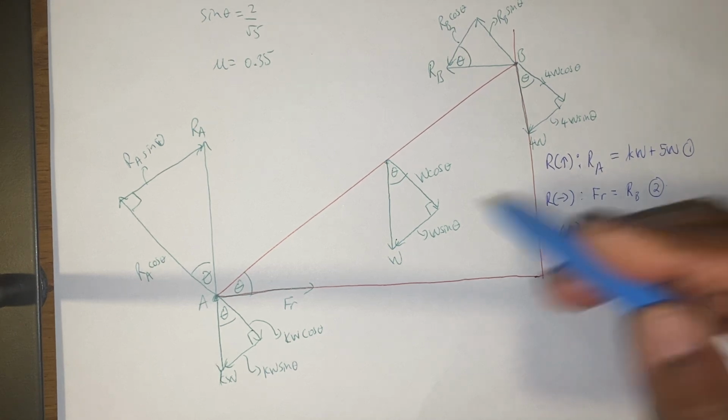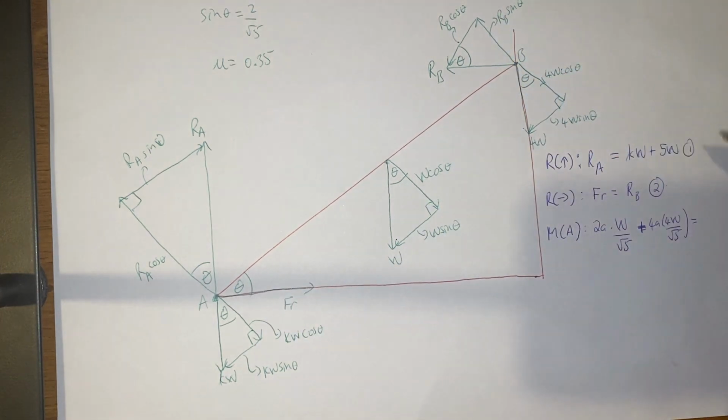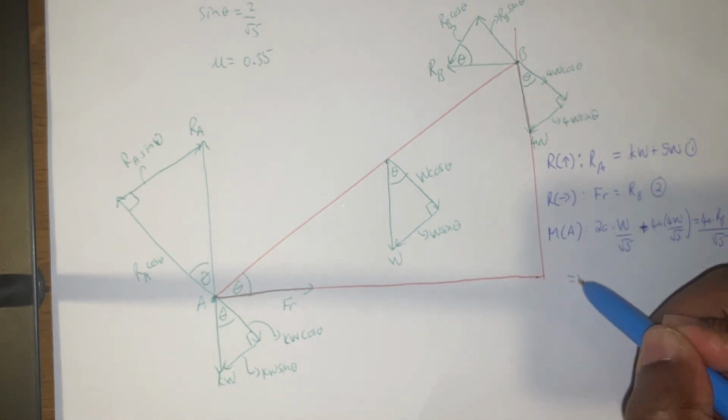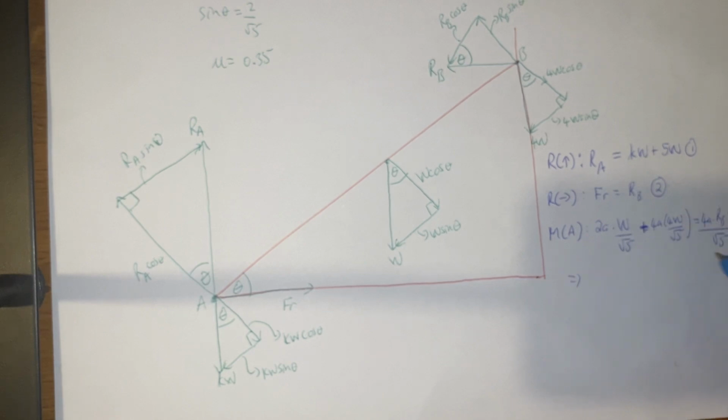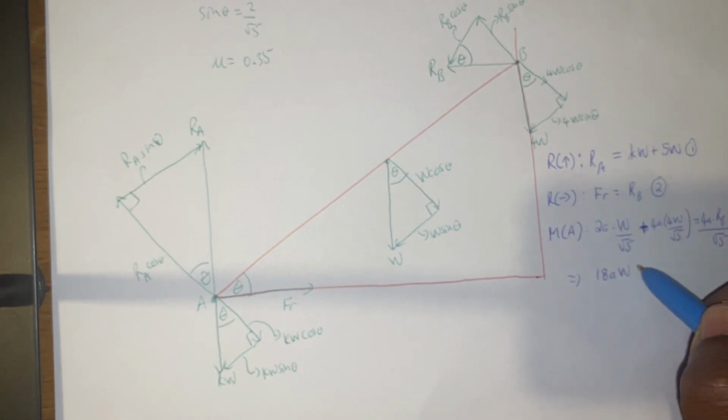And then that will equal the anticlockwise turning effect, so that's 4a times RB sine theta. So that's 4a times RB, and then sine theta will be 2 over root 5. We can simplify that. The root 5s, of course, will cancel out. So we have 2aW plus 16aW, which will be 18aW, and that will equal 8a RB.